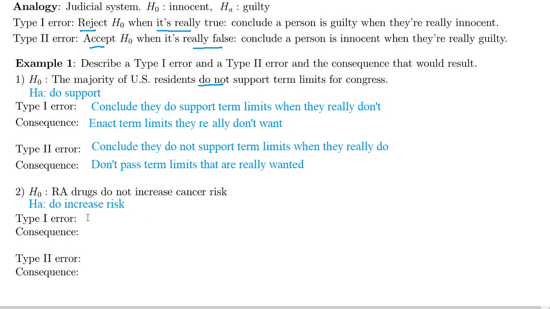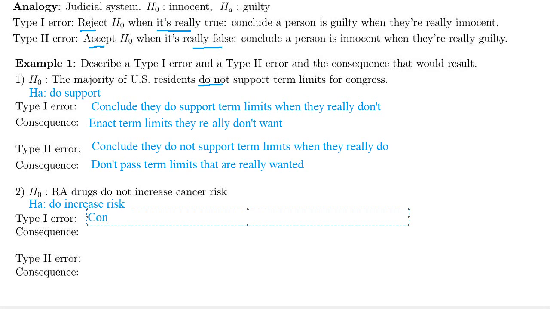So then what's going to be a type 1 error? Well, type 1, remember, we reject H0 when it's really true. So if we reject H0, we're going to conclude HA. So we're going to conclude that they do increase risk when they really don't. And then what would be the consequence of that?